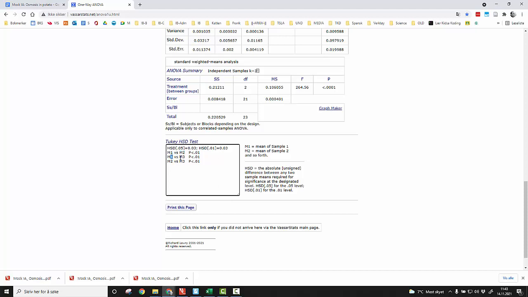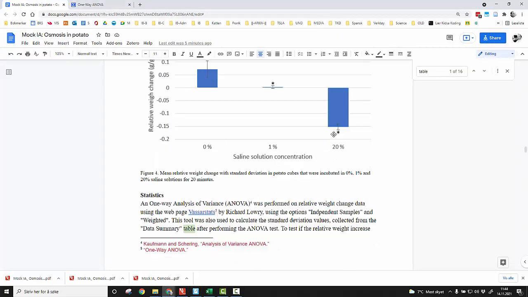Here we see that 0% and 20% is different. We knew that from this value. And then that 1% and 20% are also different. This is why we can put these stars on both. And now we have to explain what they mean. So this star means P less than 0.01.